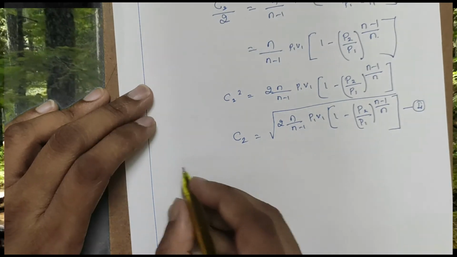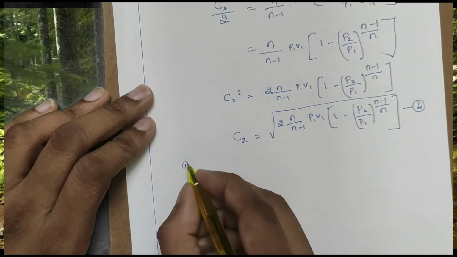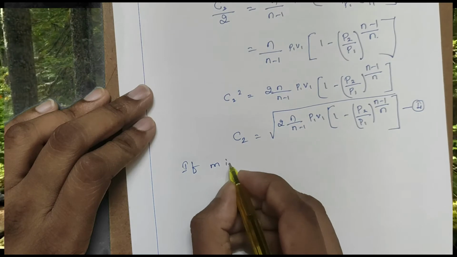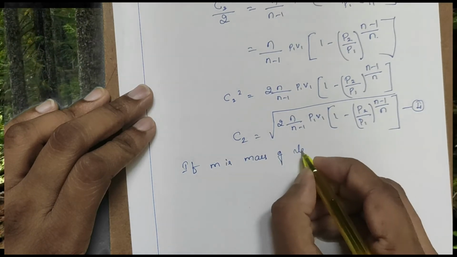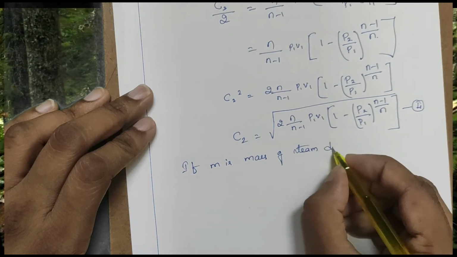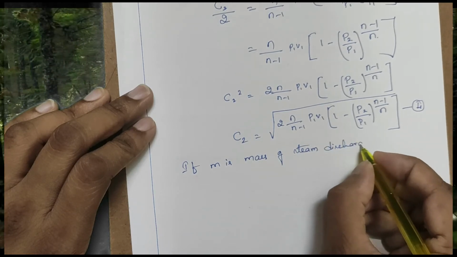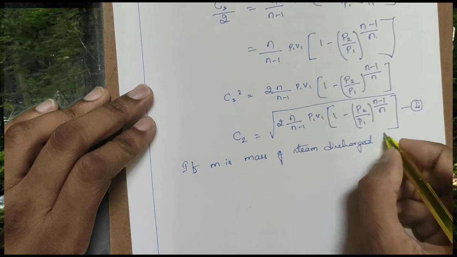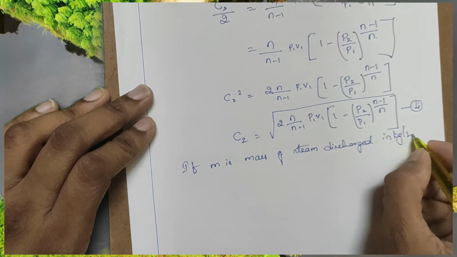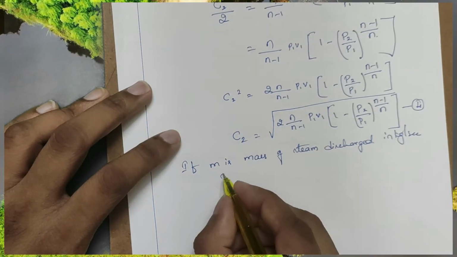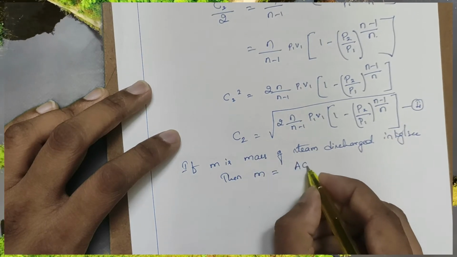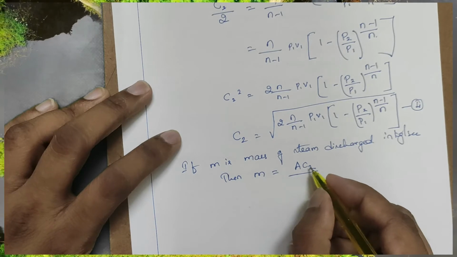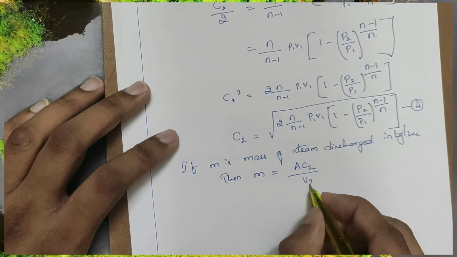Here is a very important thing: you have to differentiate. See, if m is the mass of steam discharged in kg per second, then mass is equal to A C2, that is area into C2 velocity, divided by V2.